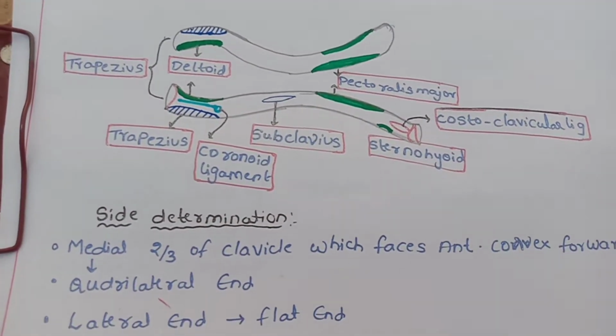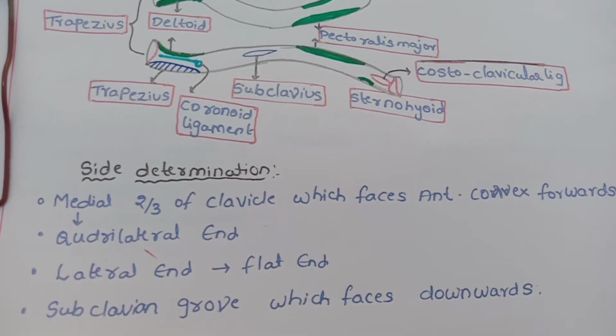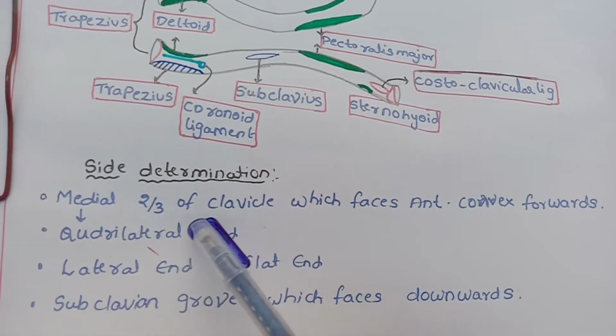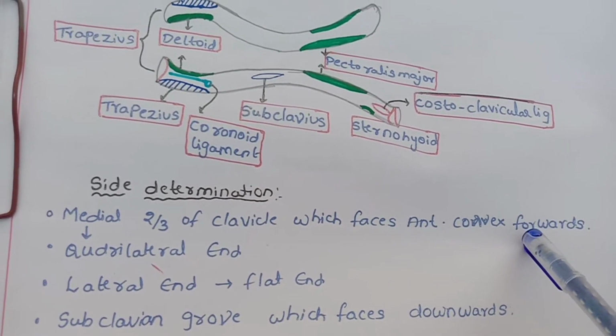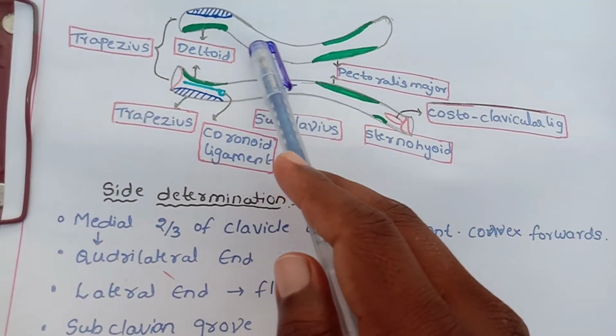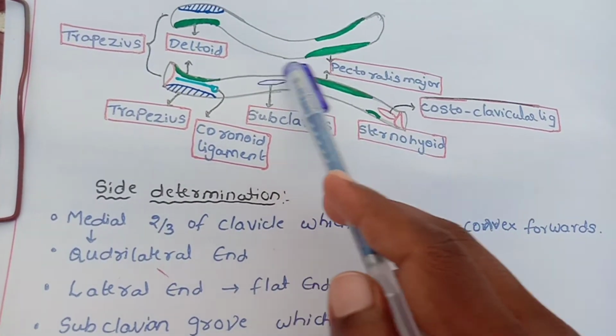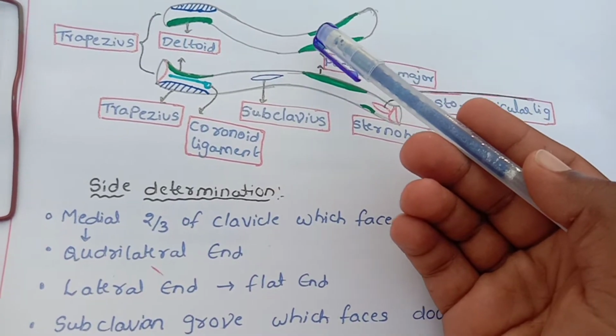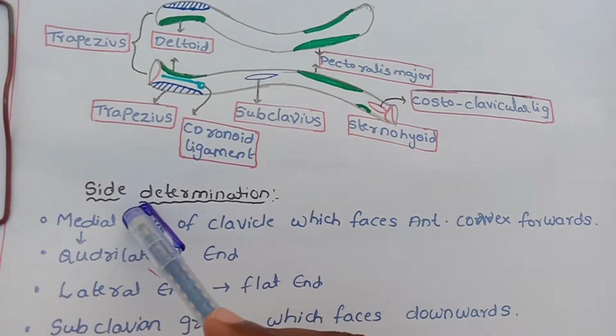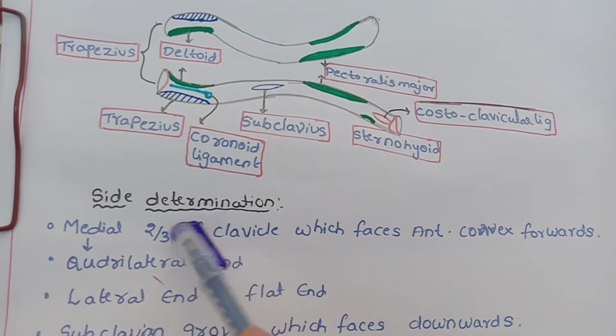In the side determination of the clavicle, the medial 2/3 of the clavicle faces anteriorly and is convex forwards. It looks convex, and this medial 2/3 has a quadrilateral end.